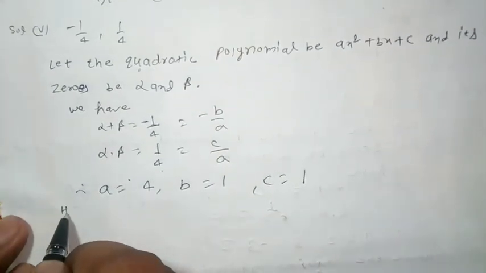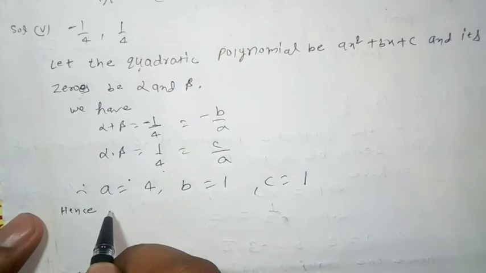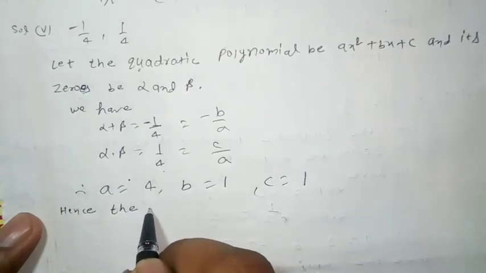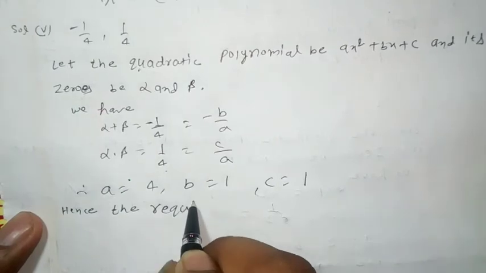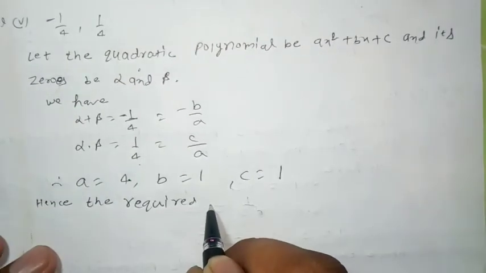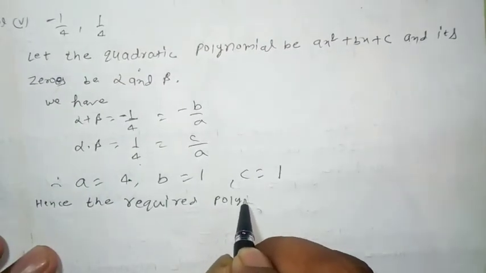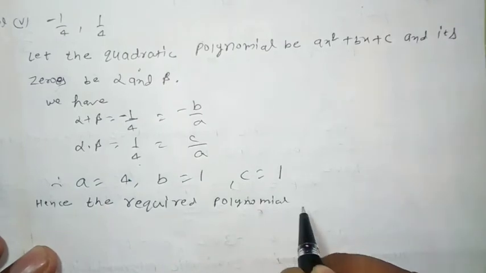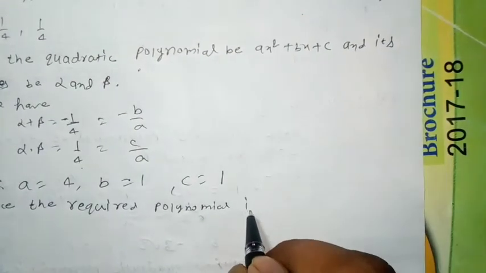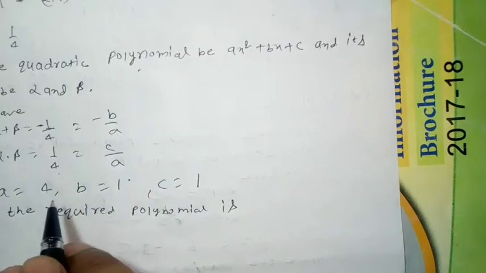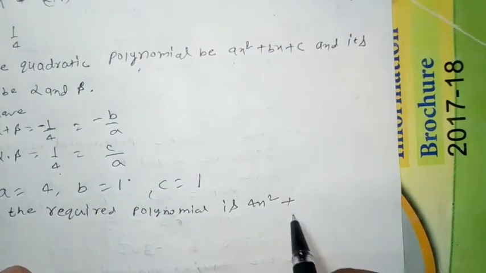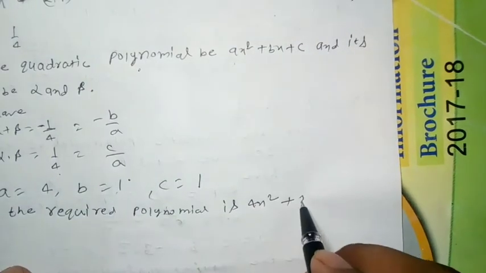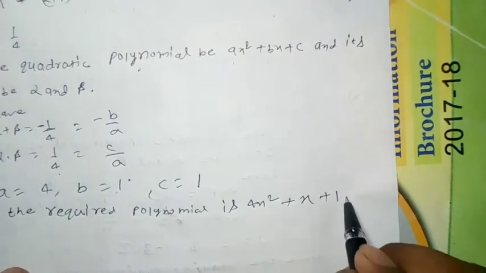Hence the required polynomial is 4x square plus x plus 1. Answer.